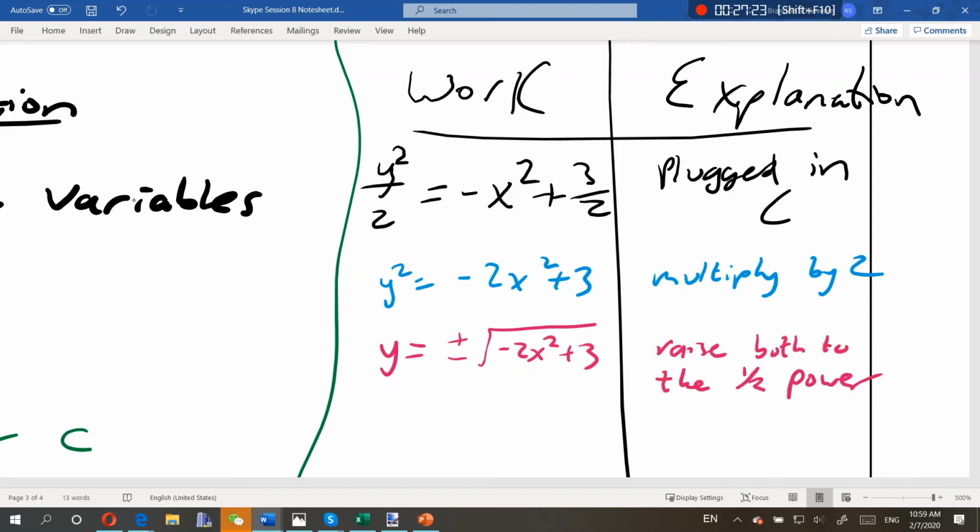In order for this equation to work, my x cannot be big enough to make this equation negative under the root, right? So we've got a set range where this can work.